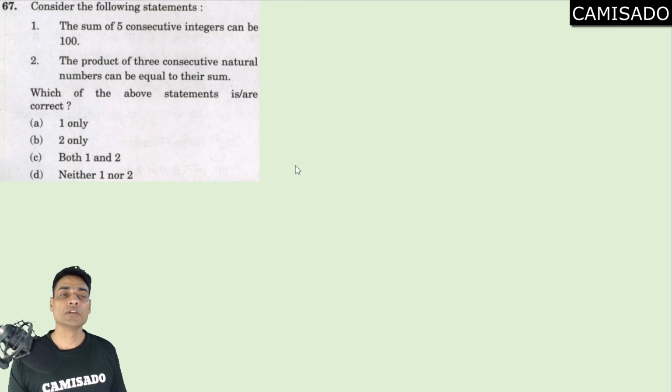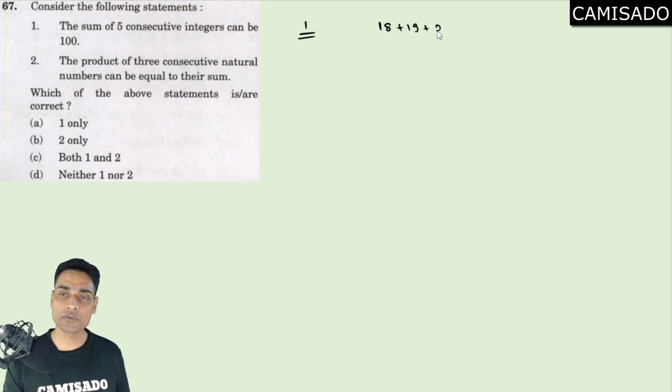Next, the sum of 5 consecutive integers can be 100. The product of 3 consecutive natural numbers can be equal to their sum. First statement: is it possible that there are 5 consecutive integers whose sum is 100? Yes, it is possible, and the numbers are 18, 19, 20, 21, and 22.